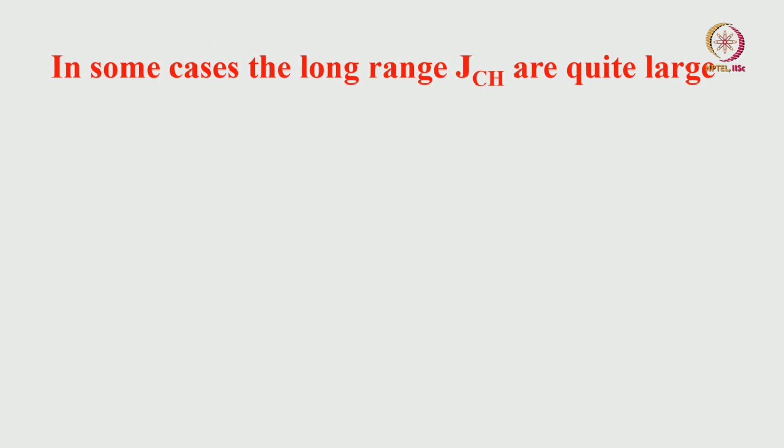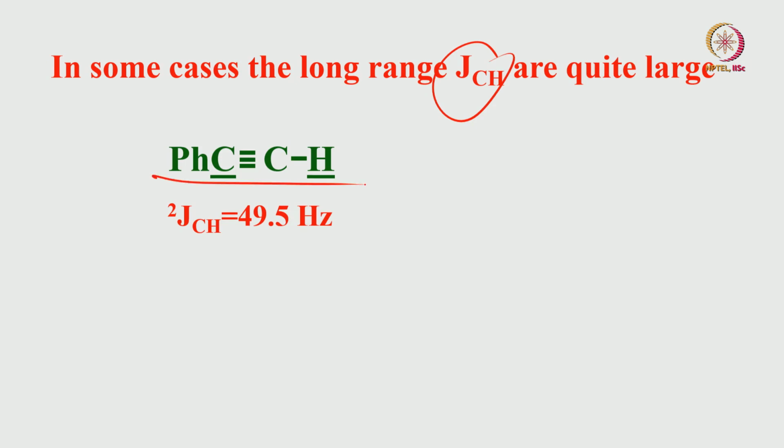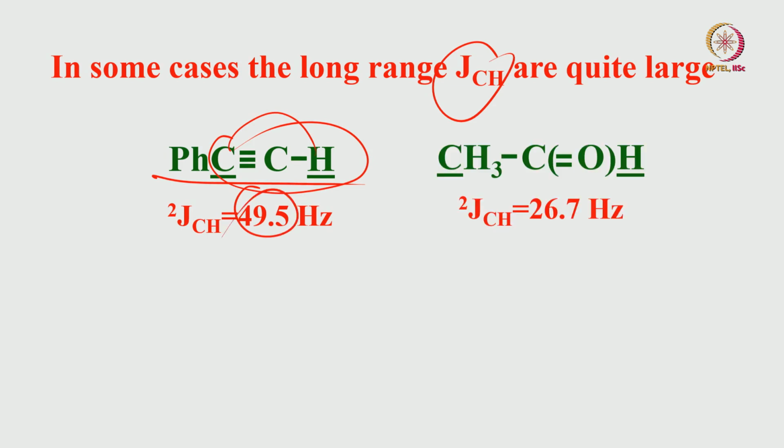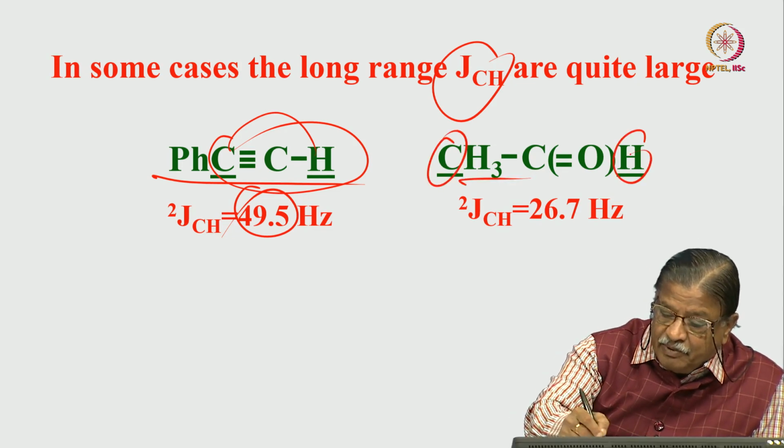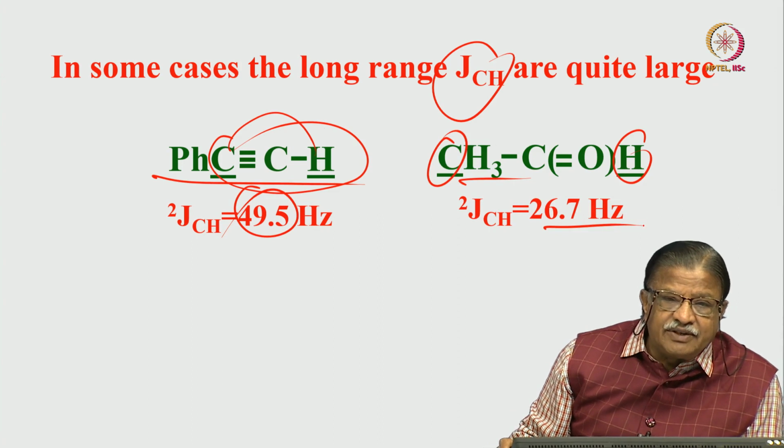Of course, I want to warn you, in some examples you can get long range JCH also, and they are quite large. In a molecule like a phenyl group with a C double bond CH, you know the 2JCH here is nearly 50 Hz. It is not 8 Hz. Now plug in this value here; in this molecule, this carbon to this proton coupling is about 26 Hz.